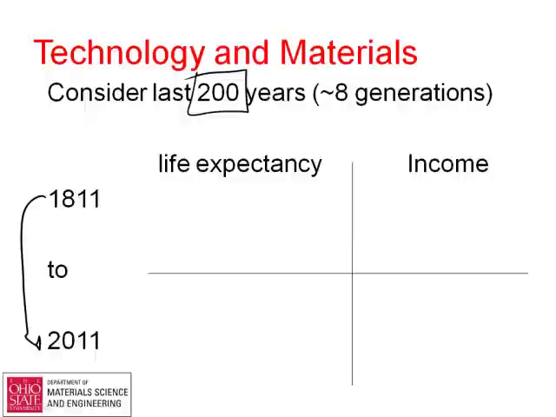Back in the United States in 1811, life expectancy was somewhere on the order of, maybe a little longer than that, but 30, 40 years. You get sick badly, you get a bad flu or something, and it's over. But the good news, I guess, if any, is life was kind of harsh anyway.